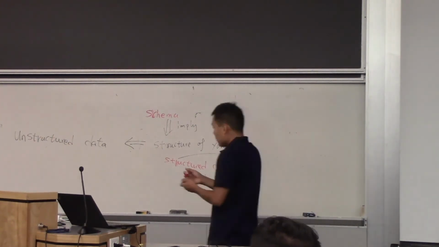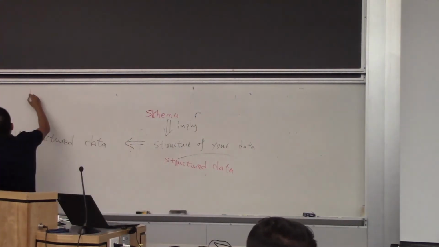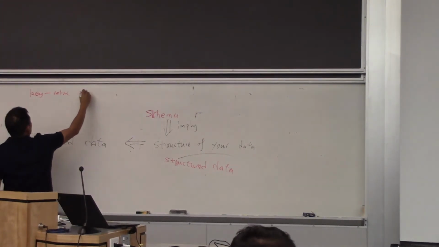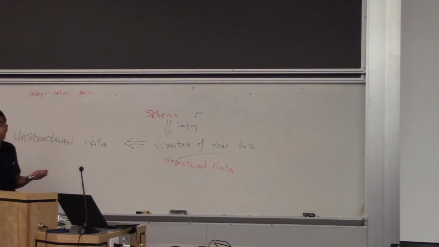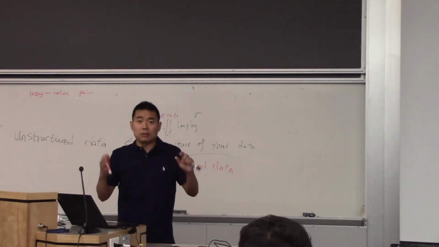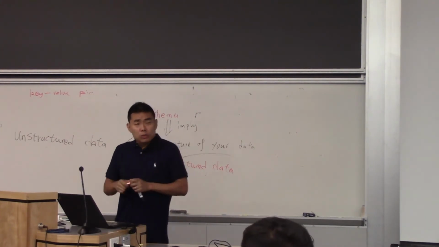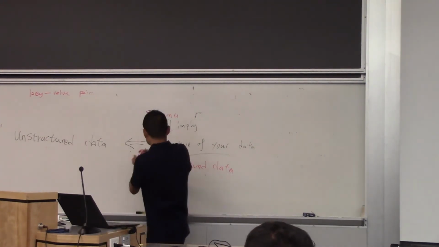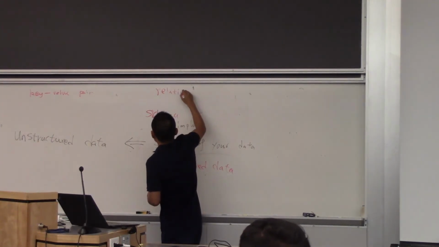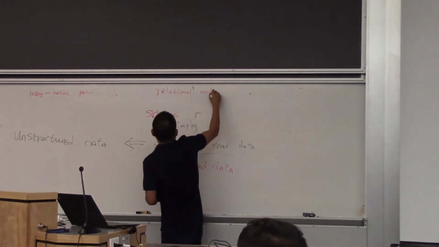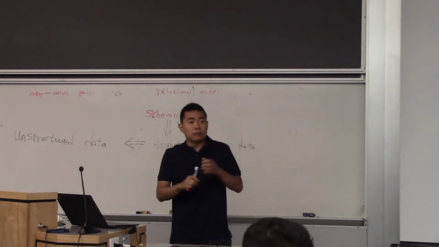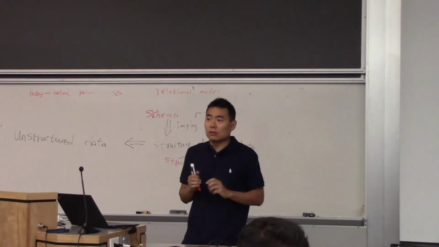I'll give you one example of unstructured data, which is a key-value pair. That's essentially the dominant form of data representation in a key-value store, such as HBase or Cassandra, right? So key-value pair, compared with the relational model on this side, is a perfect example of unstructured data versus structured data.